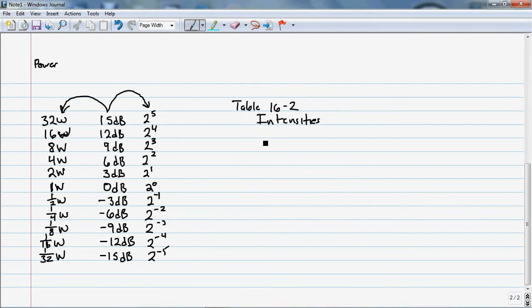We talked about the threshold of hearing, and that's 0 dB. Yes, that's considered 0 dB, and that's 1.0 times 10 to the minus 12th watts per meter squared.